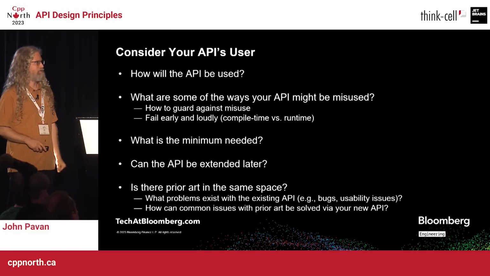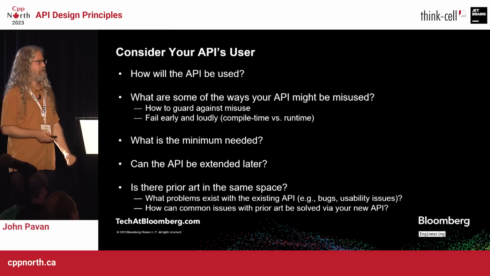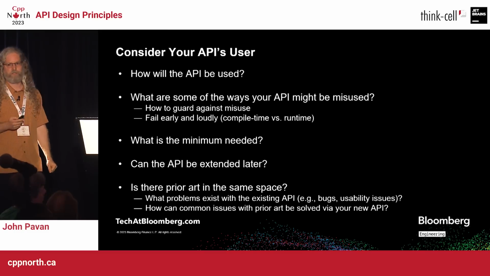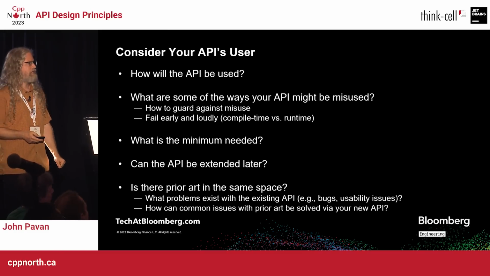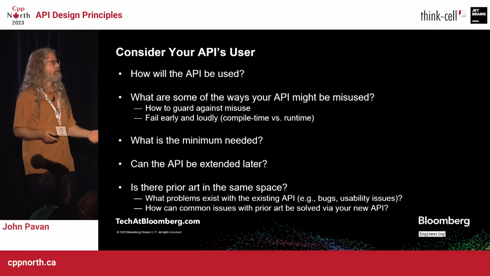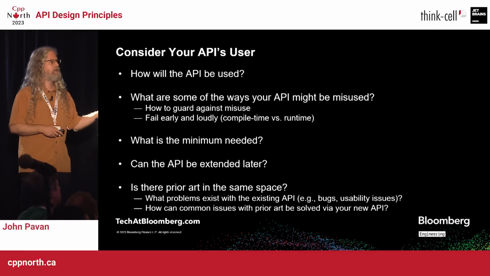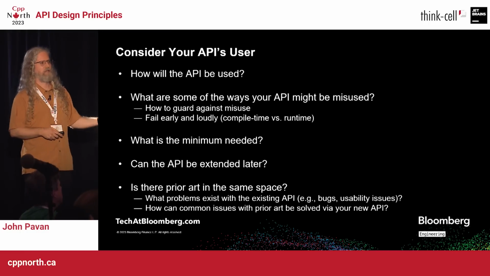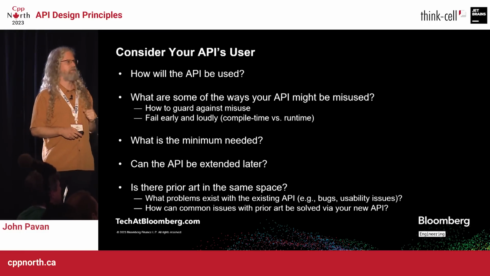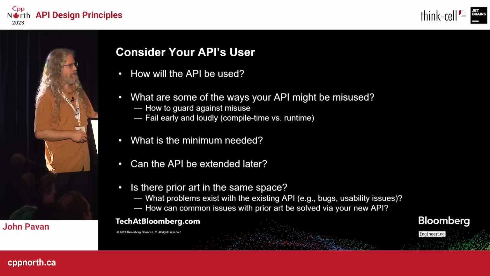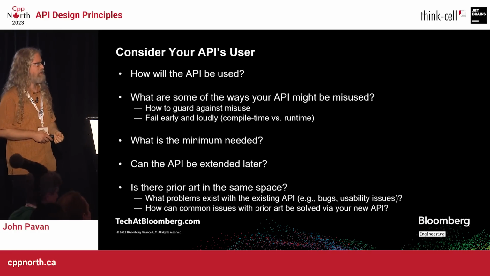So you should focus on how to protect it against misuse. And if it's possible to fail early and loudly, you should try to fail early and loudly. It is much better to have a noisy failure than a subtle failure, because then people may run for a very long time, or even commit things to disk or ship things off to customers based on misbehaving code.